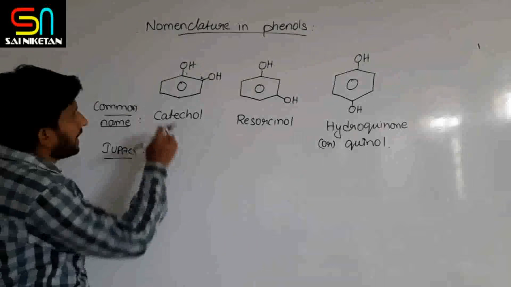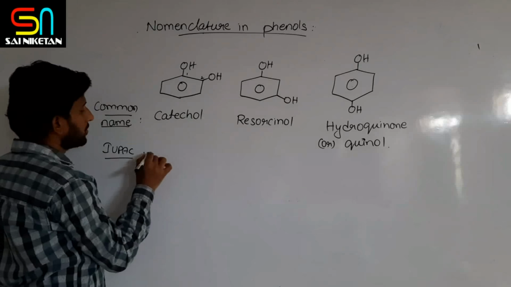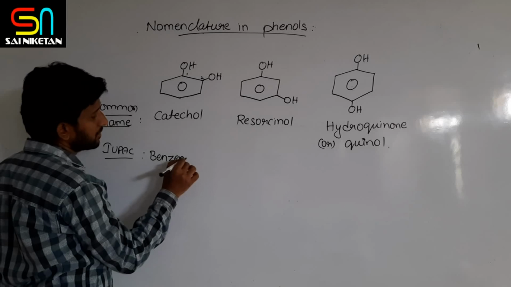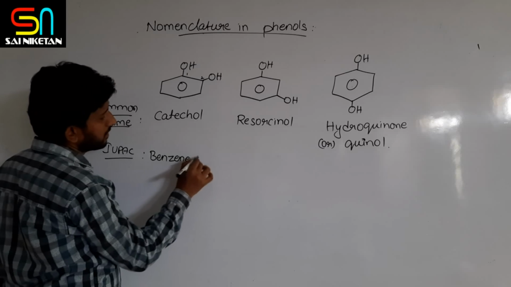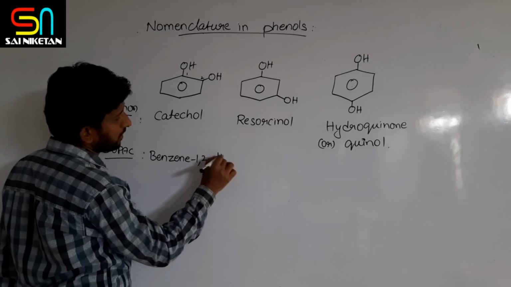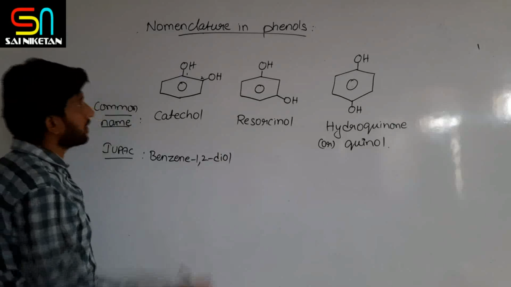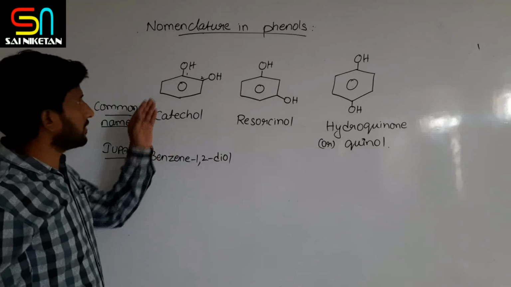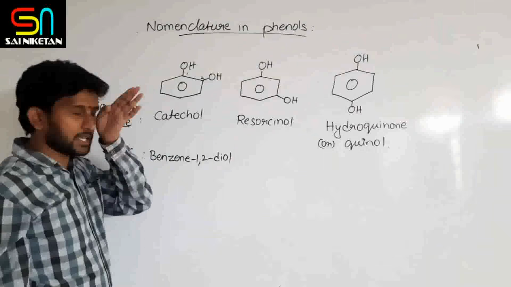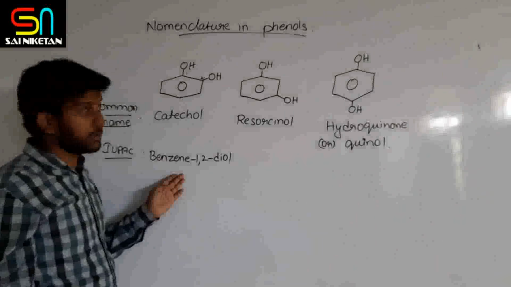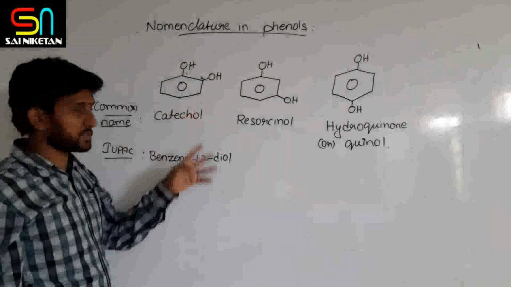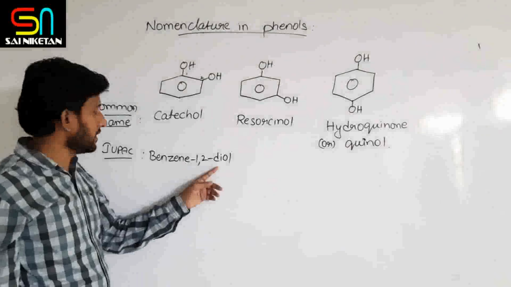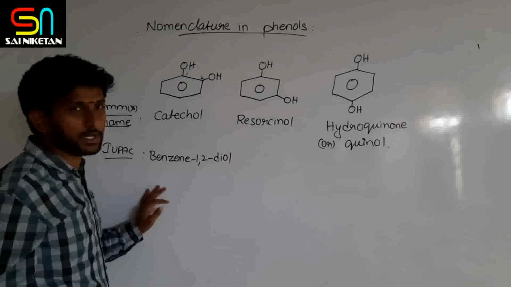So I will write the name as benzene-1,2-diol, because at the first and second positions two alcohols are there. When only one OH group is there, you can use phenol directly. But if there are 2 or 3 OH groups, we cannot directly use phenol, so you should use diol, triol and so on.